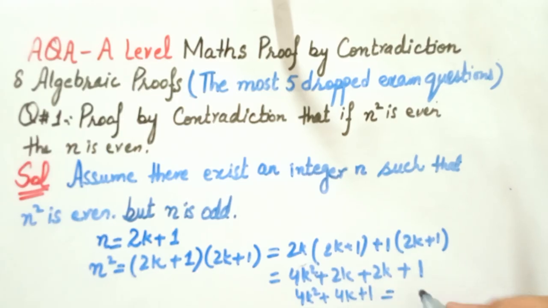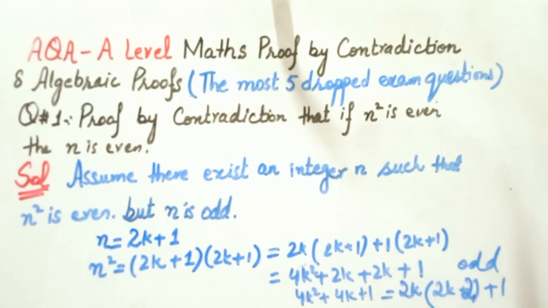Take 2 as common from this. So 2(2k square plus 2k) plus 1. So this is again an odd integer.